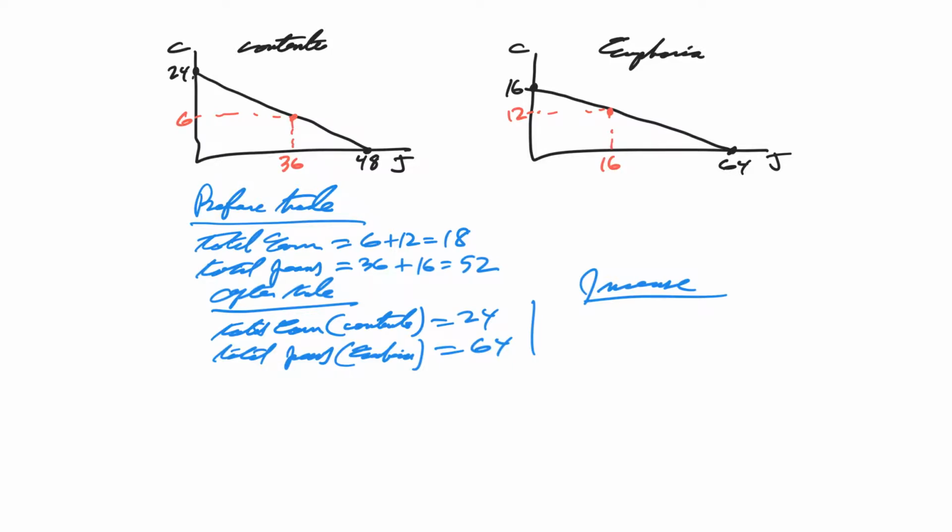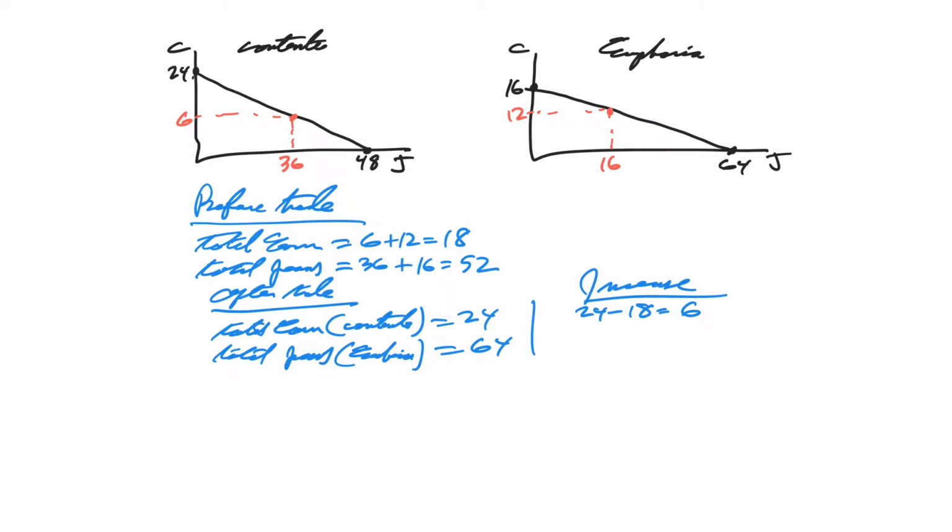The increase in corn: there's 24 now, and before the total corn was 18. So the increase in corn is 6.